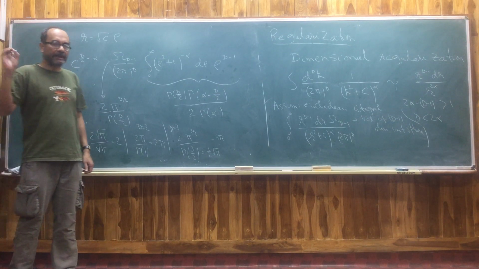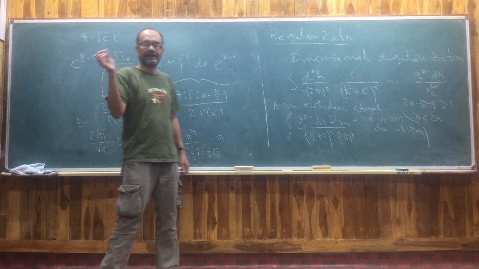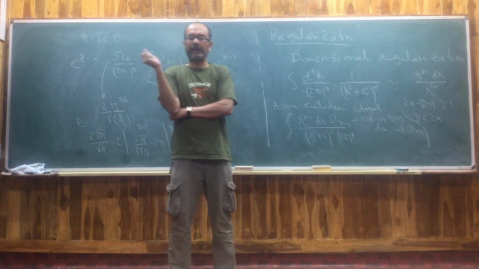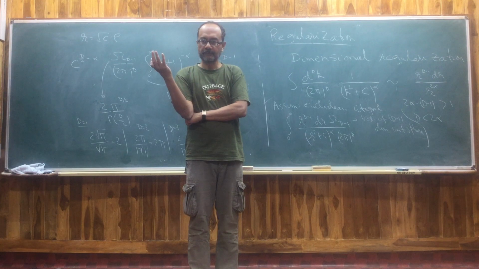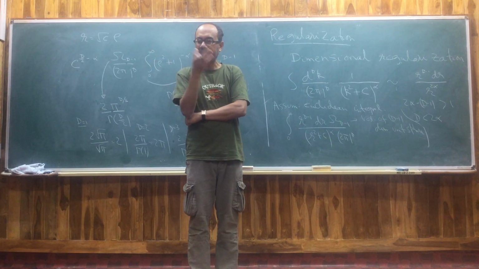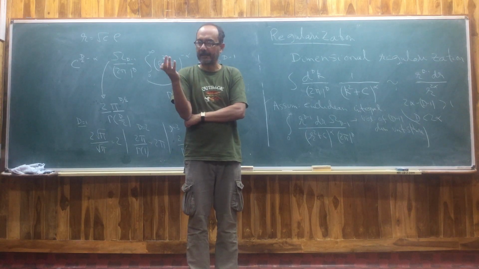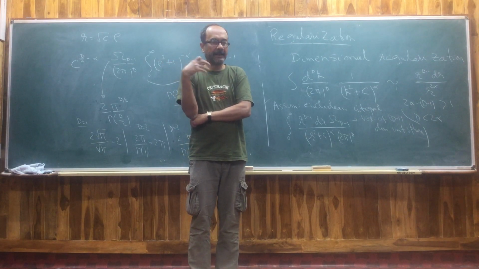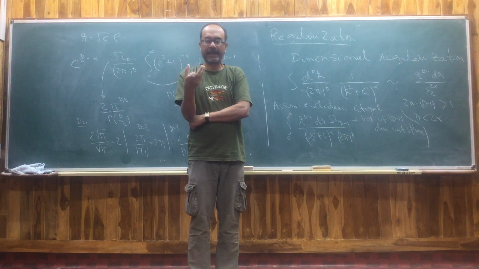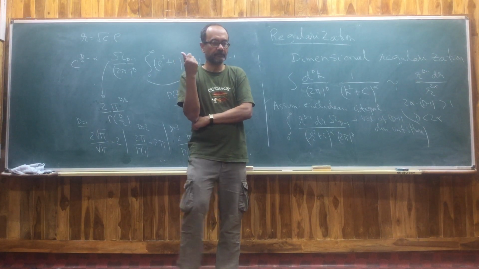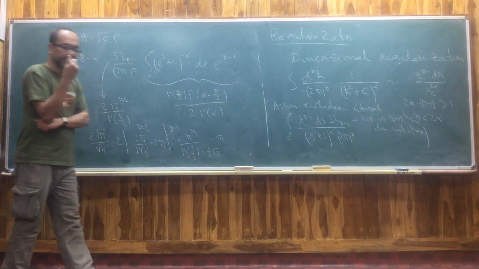If you try to take d goes to 4 in the middle of the calculation, you will find the results are divergent. You have to first adjust your parameters, eliminate the m and lambda in terms of these new parameters a and b, and only at the end, keeping a and b fixed, you have to take d goes to 4. Is this quite clear?